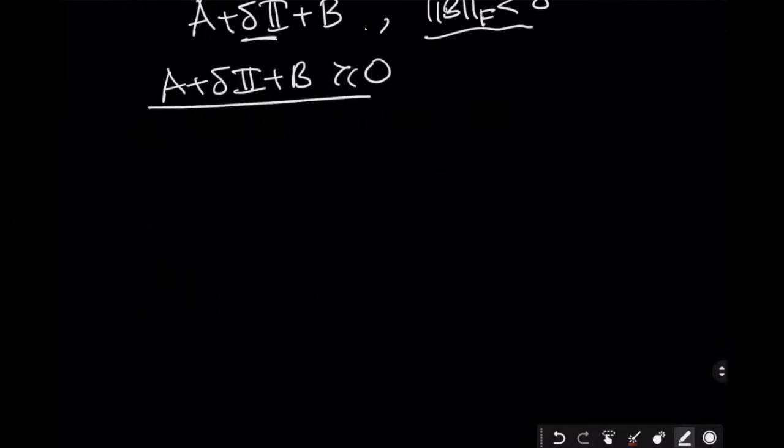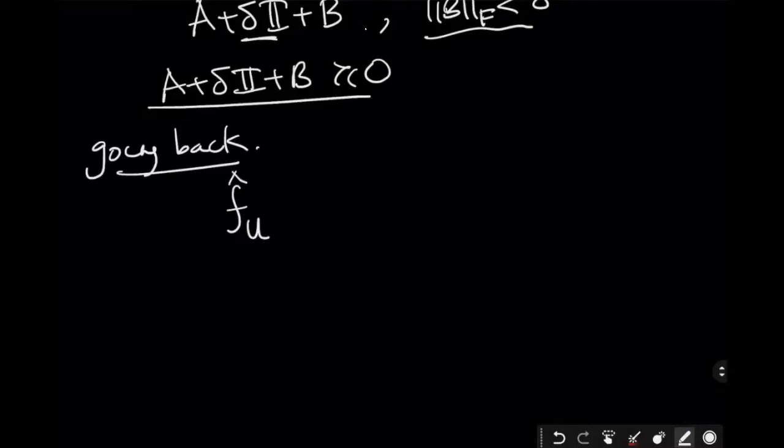Okay, so now, if we go back, remember our constraints would look like this, right? So our constraints look like F hat U should equal the sum over alpha, beta with alpha plus beta equals U of A alpha beta.